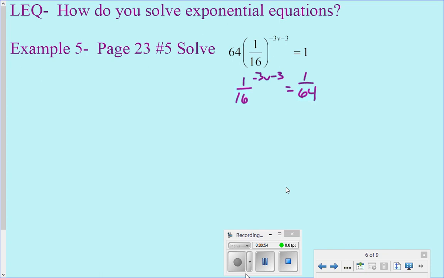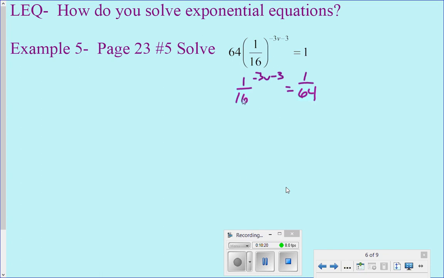So this one I could do like the warm-up. I could rewrite so that both sides have the same base. If I want to do that, I can, or if you like using the log, taking the log of both sides like we've done in the other problems today, you can use that technique as well on this problem. So it doesn't matter, either technique will work and you'll get the same answer. Either is fine. Since we haven't done very many today with getting the bases the same, I'm going to go ahead and do it that way.